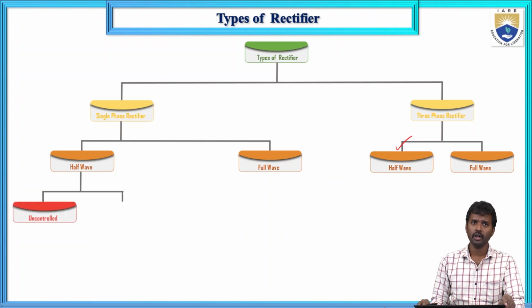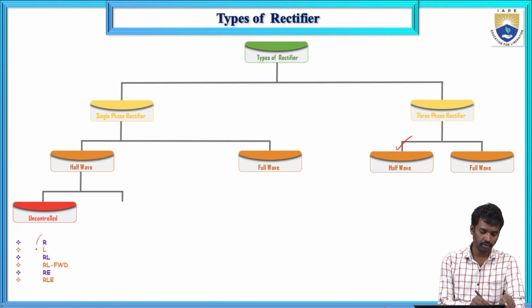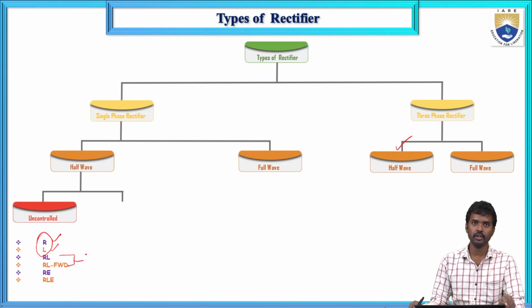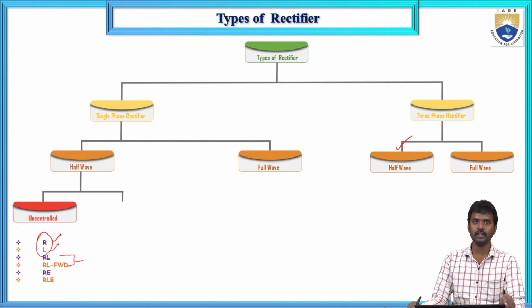Here, in the single phase half wave uncontrolled rectifier, we discussed R load and L load. Today we are going to discuss RL, where resistor and inductor are connected in series, and then resistor and inductor in series with a freewheeling diode. In the next lecture I will explain RE and RLE type of load.